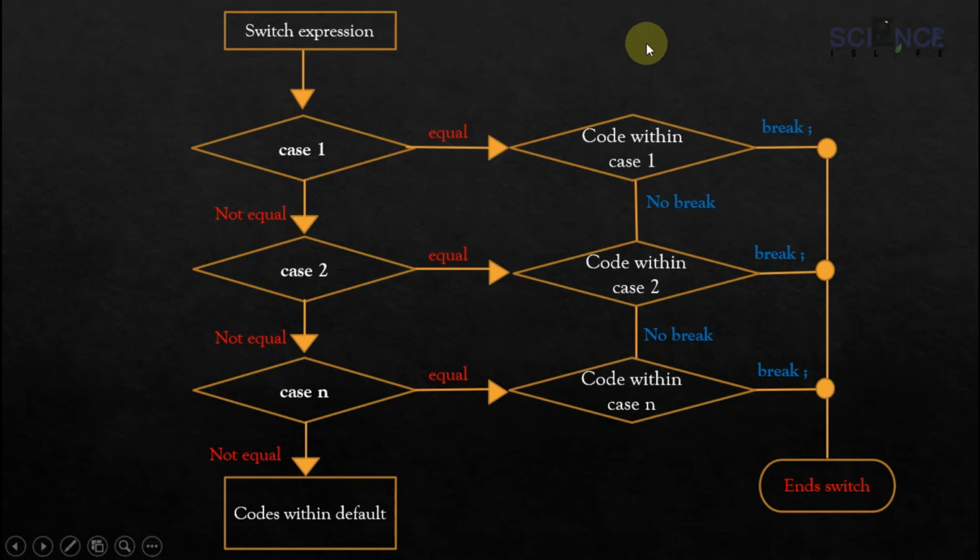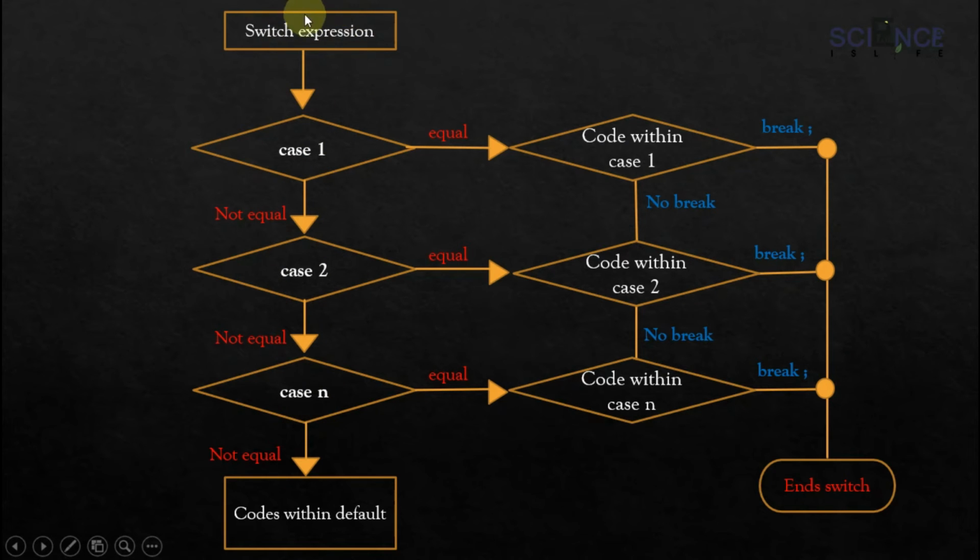So this is the structure chart of how switch cases execute, right? We know that we need to mention an expression within the parentheses of switch, and that expression should give us an integer or constant, right? After that, within the block structure we mention each case, right?